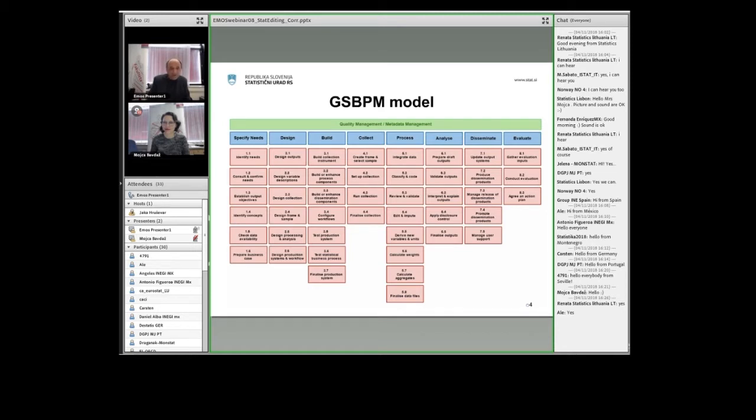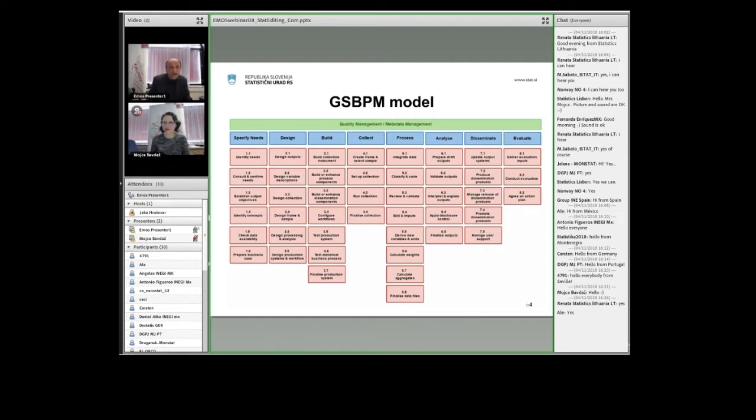There are 3 levels of this model. The first level is the statistical process as a whole. Then it is divided into now 8 phases. The first version had 9 phases, and each of these phases is then divided further into sub-processes, a different number of sub-processes.